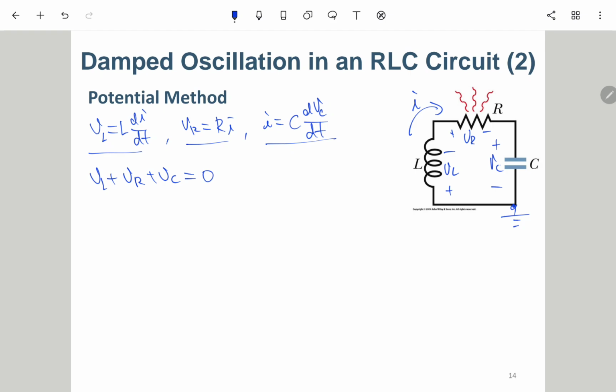So in this case, what we can do is try to plug this one to here, this one to here. We cannot plug in this one to here yet, but we try to plug in the first two. So we have L di dt, and then plus R times I plus VC equals 0.